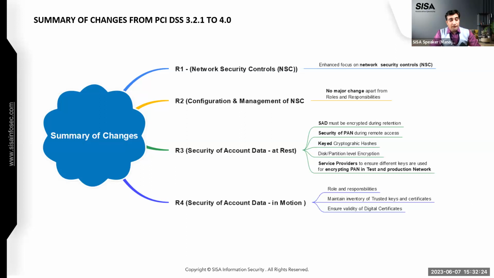From requirement number 4, which is security of account data in motion. That is when the data is kind of traveling, right? So that is where, roles and responsibilities, maintain inventory of trusted keys and certificates. I don't think many people in the industry are following this practice. As and when certificates are getting expired, there is always firefighting across that.